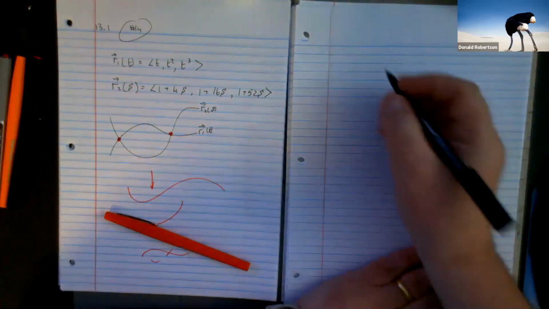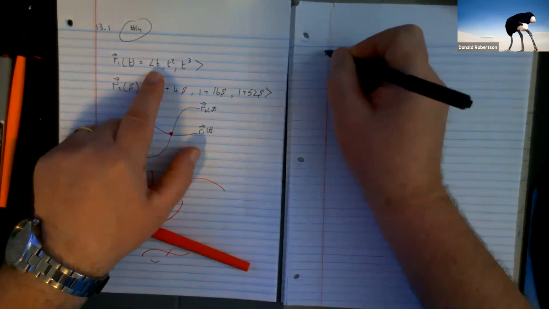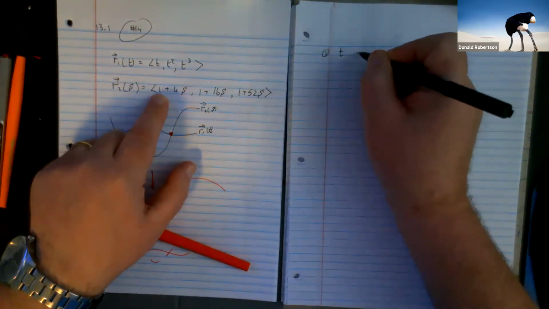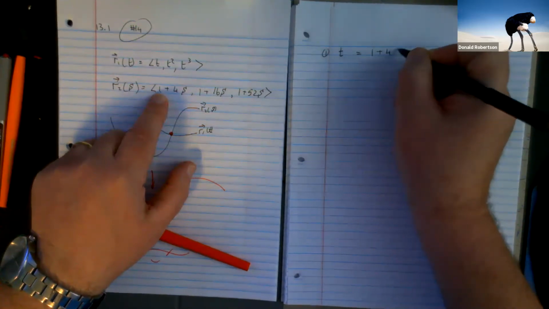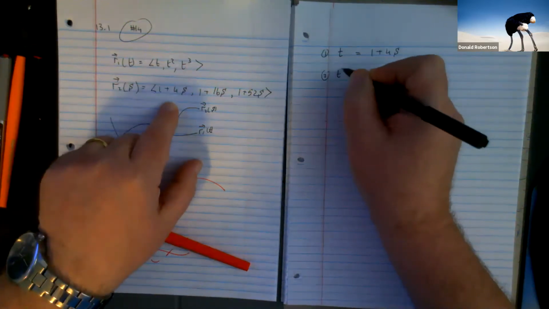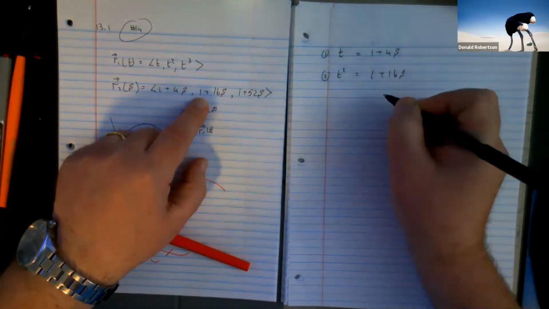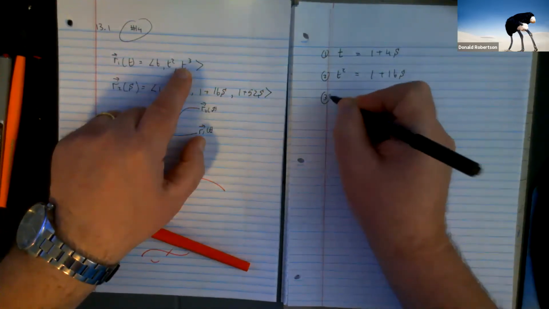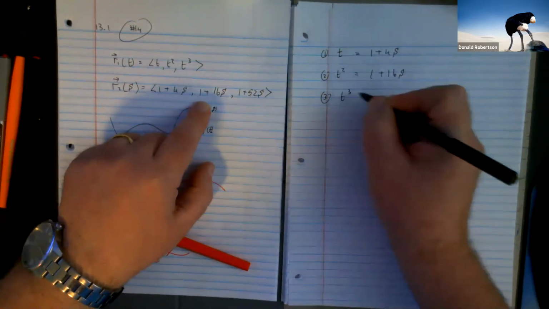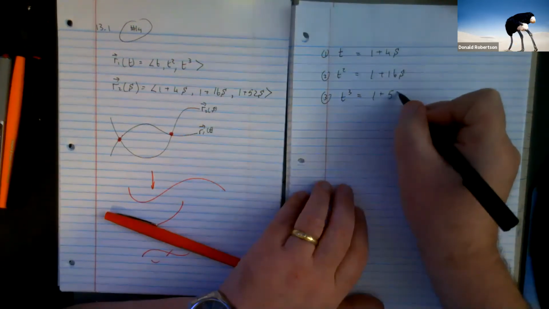and the largest. So if you take the x coordinates, t will equal 1 plus 4s. If you take the y coordinates, you get t squared equals 1 plus 16s. And if you take the z coordinates, you get t cubed equals 1 plus, in my example, 52s.